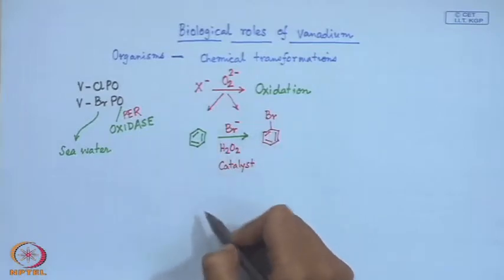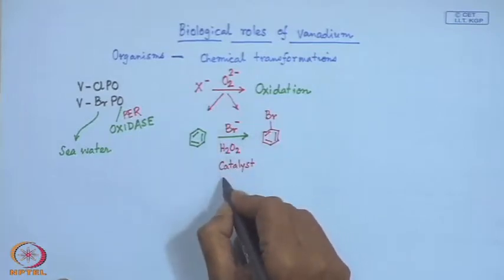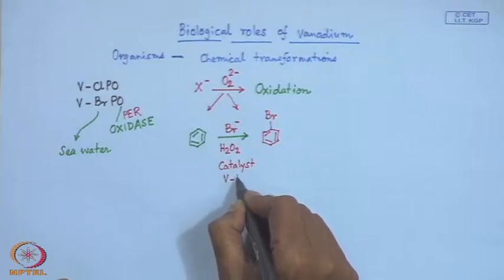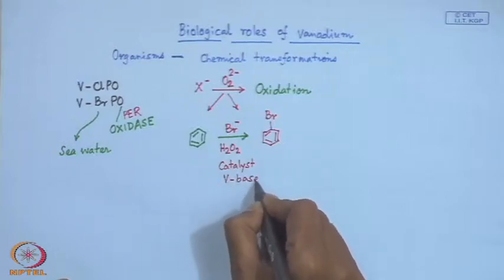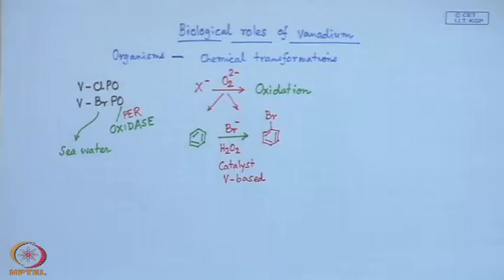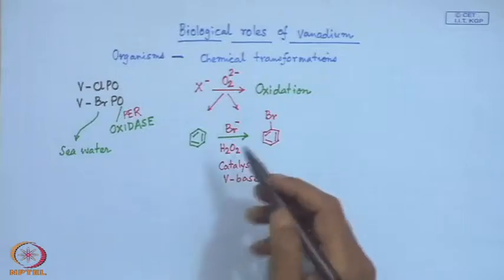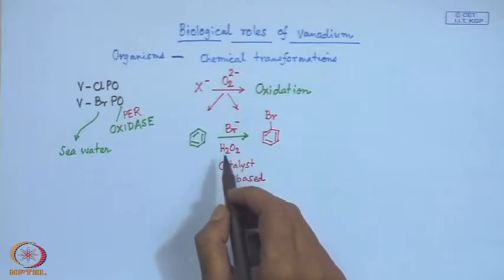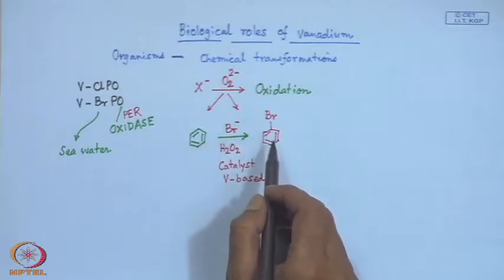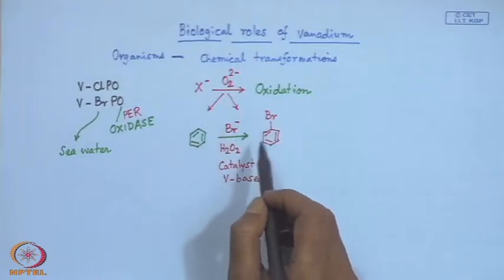So, this is also helpful, that whether we should use some vanadium based catalyst for this sort of transformations, because large number of reactions are already known in chemical literature for the organic transformation, that means the bromination of the substrate, any kind of bromination, chlorination and iodination reaction.